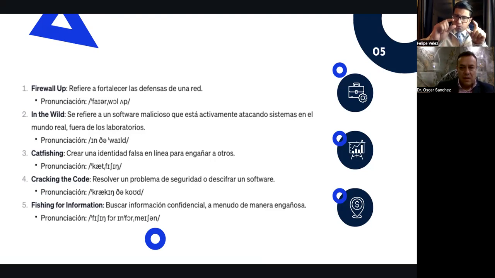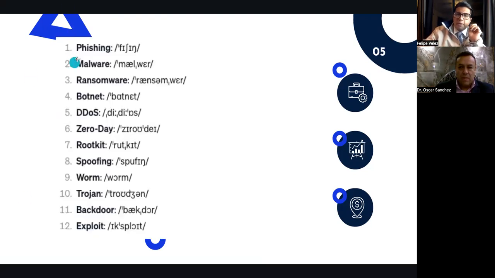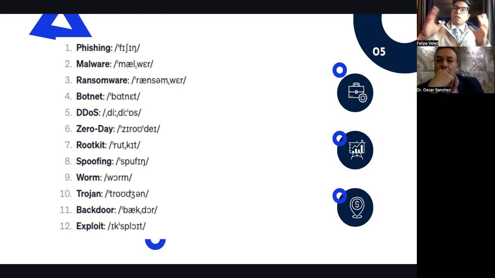Fishing is a short sound. Phishing is longer, like Philadelphia. We say Philip, and we expect to say the word phishing. My name in English, Felipe, is Philip. It's a long sound.